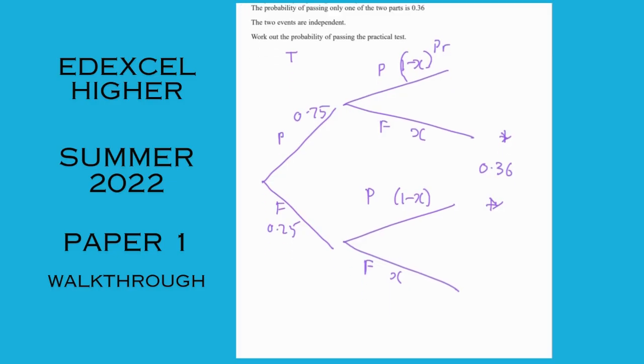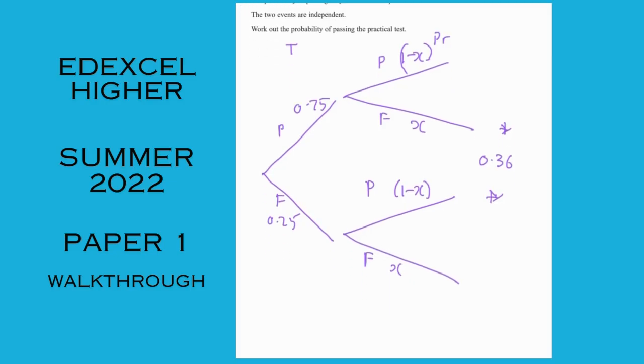Doesn't really matter as long as you check right at the end. So the idea is that the pass-fail branch is 0.75 times x, that's this branch there, added to 0.25 times 1 minus x, is 0.36.